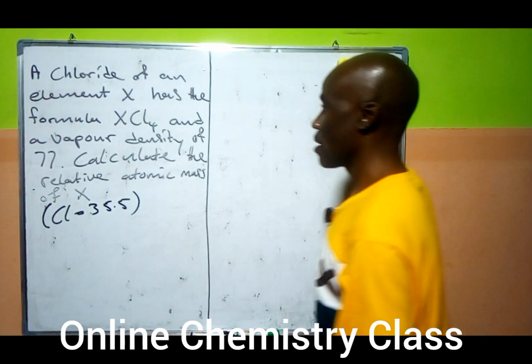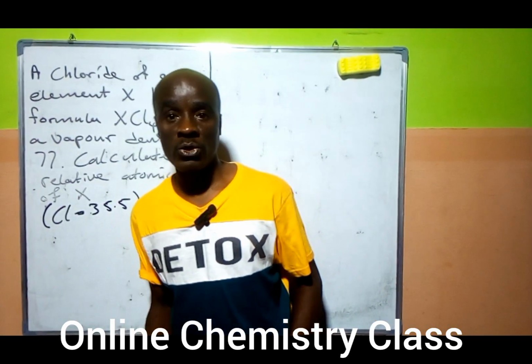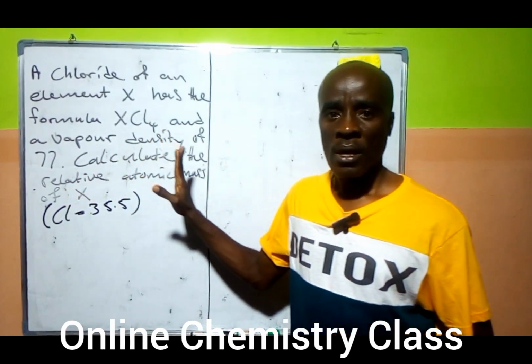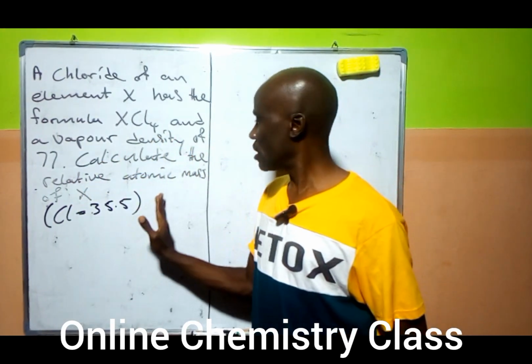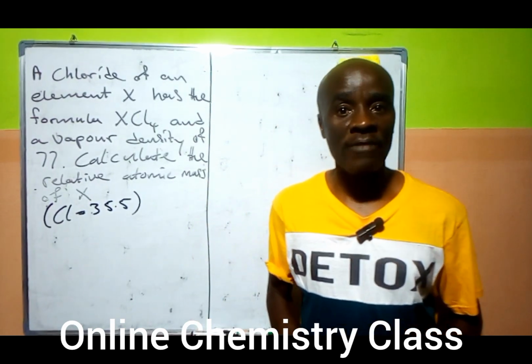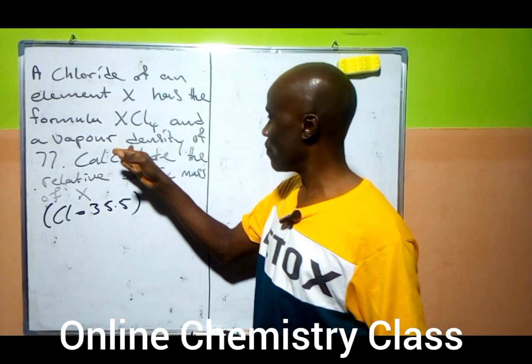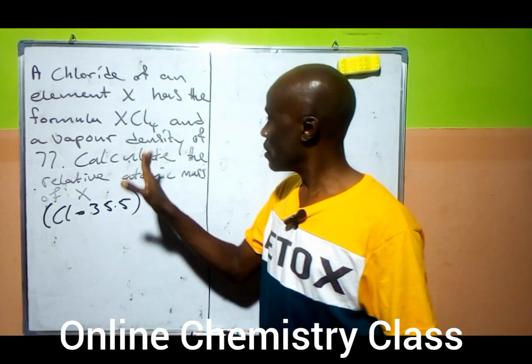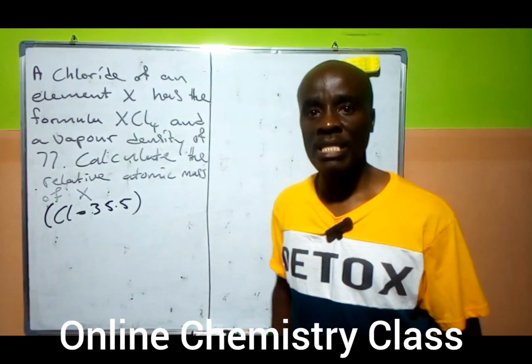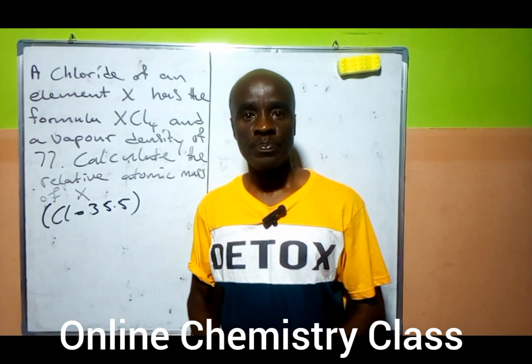In this calculation, we are going to be looking at how we can calculate the relative atomic mass of a substance when we have the vapor density, the relative vapor density of that substance.